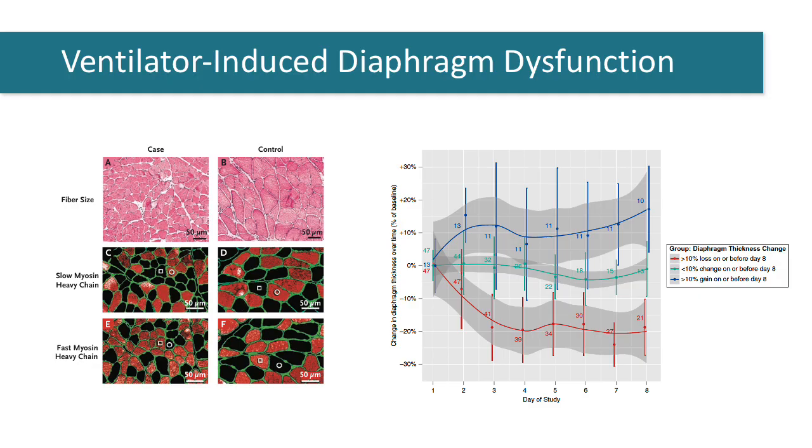A third important form of ventilation iatrogenesis is the phenomenon of ventilator-induced diaphragm dysfunction. There are several different mechanisms by which the ventilator may cause acute diaphragm weakness. Perhaps the most important is acute disuse atrophy.